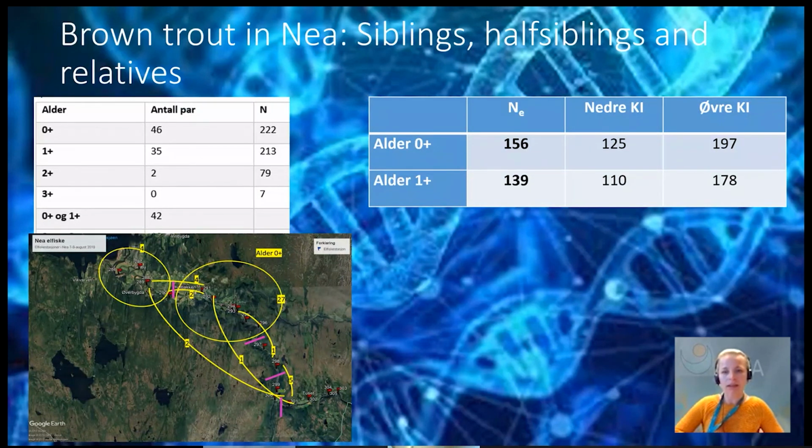This indicates that the genetic analysis shows this population is very much fragmented, and the weirs are barriers for the genetic flow and probably also for the spawning salmon that want to come up.